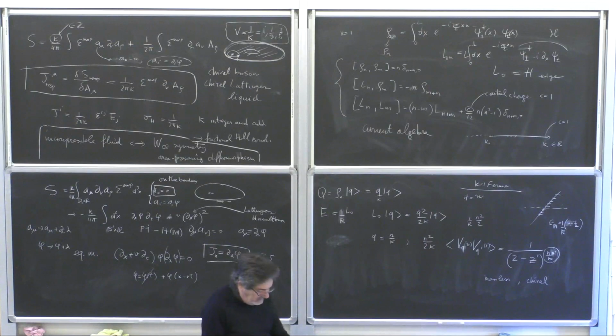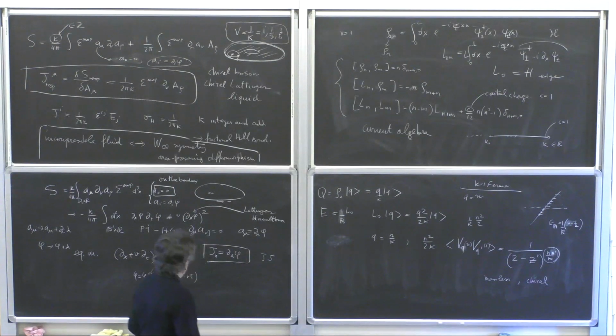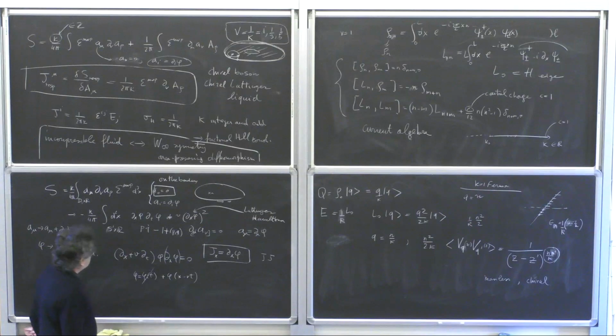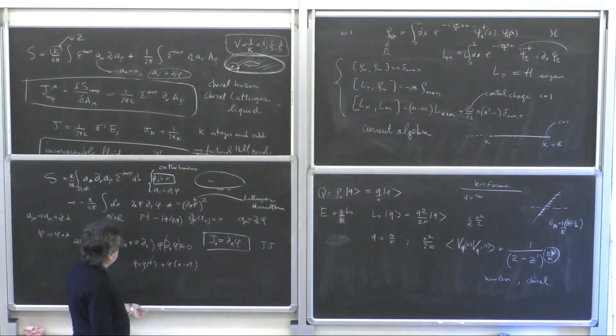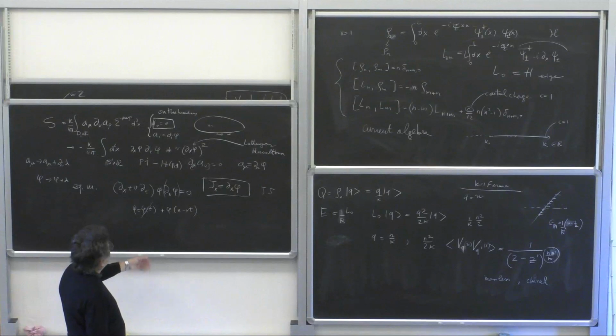Okay, now what you do? You can do canonical quantization because this is a scalar theory. It has a commutation relation. You can expand into modes, and you obtain the spectrum and the property of this theory.